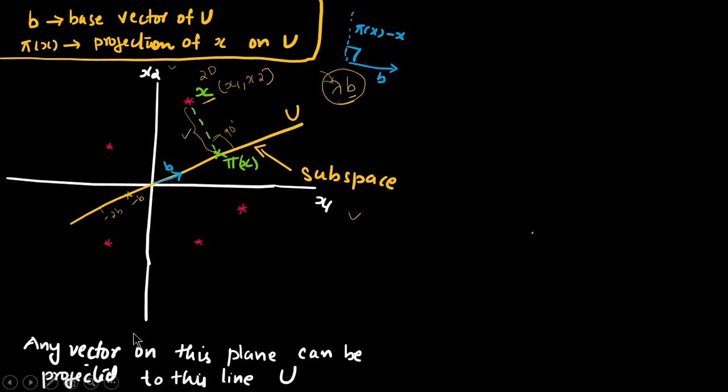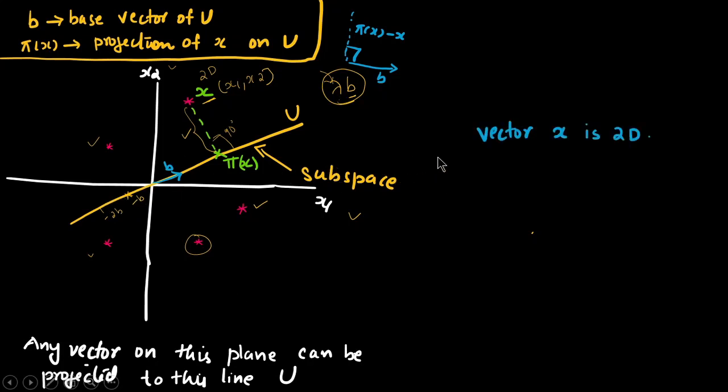Any vector on this plane can be projected to this line U. If we take this vector, it can also be projected to this line, and similarly this vector, this vector, or any vector in this 2D plane can be projected to this line.